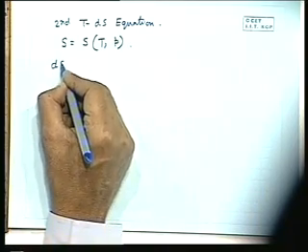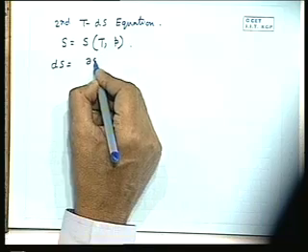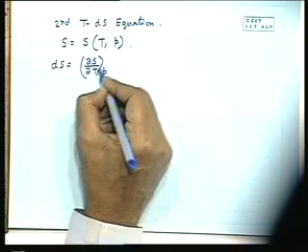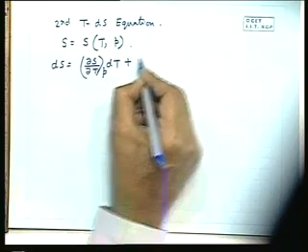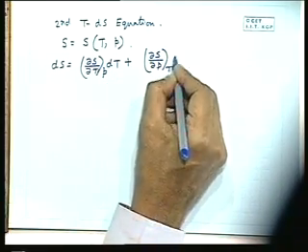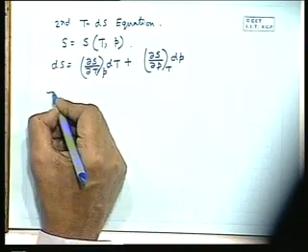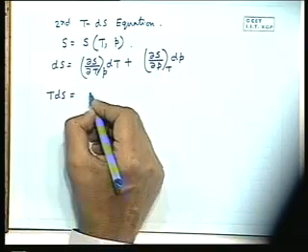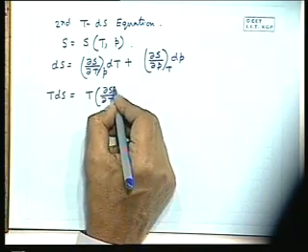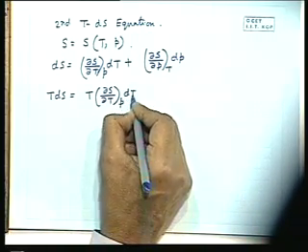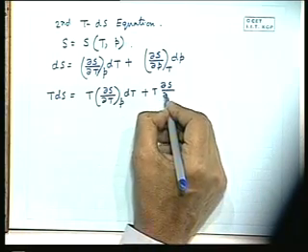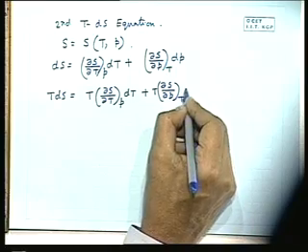So, we can write dS, change in S, is del S del T at constant P dT plus del S del P at constant T dP. Well, if we multiply with T, TdS is T del S del T at constant P dT plus T del S del P at constant T dP.